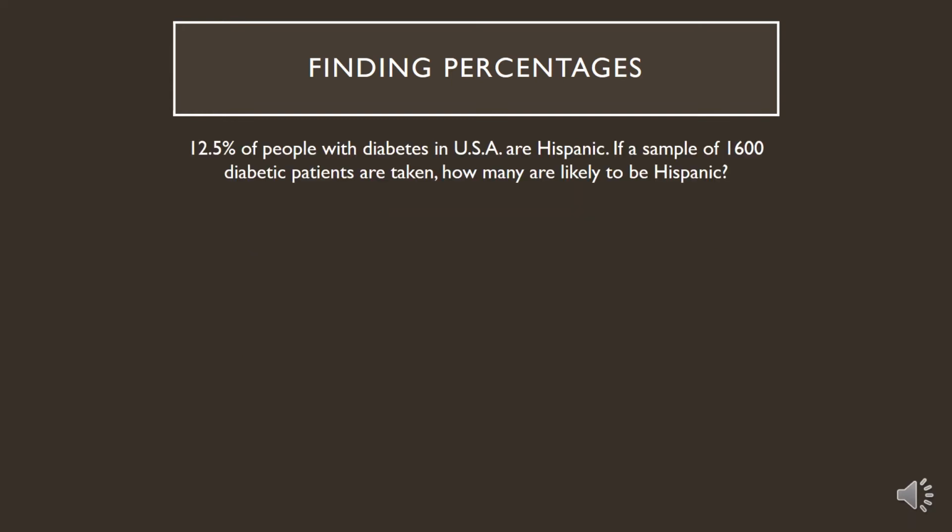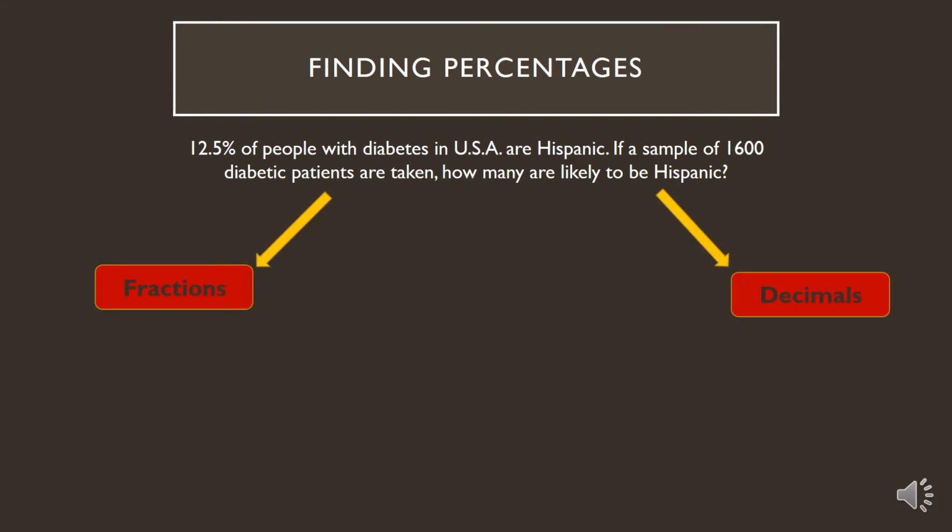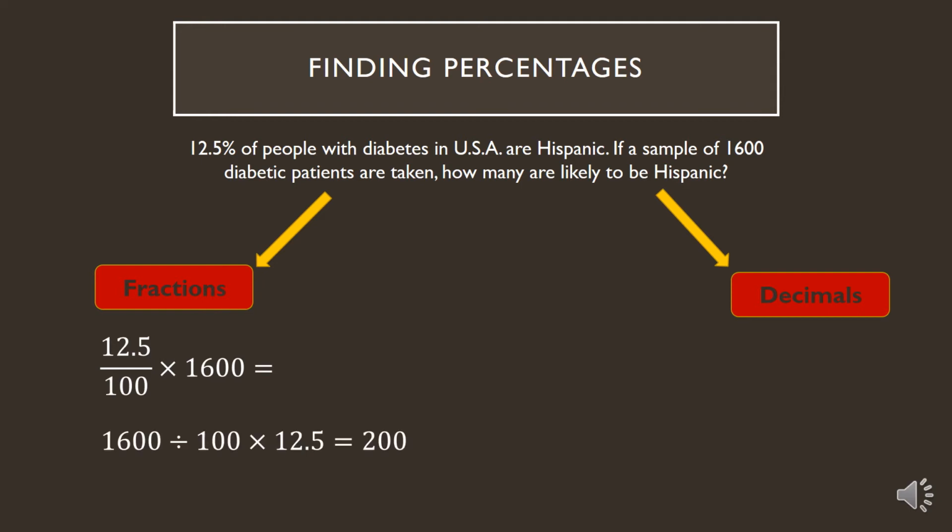Here's another one. 12.5% of people with diabetes in the USA are Hispanic. If a sample of 1,600 diabetic patients is taken, how many are likely to be Hispanic? So fractions or decimals, your choice. 12.5% is 12.5 over 100, 'of' means we multiply your 1,600.